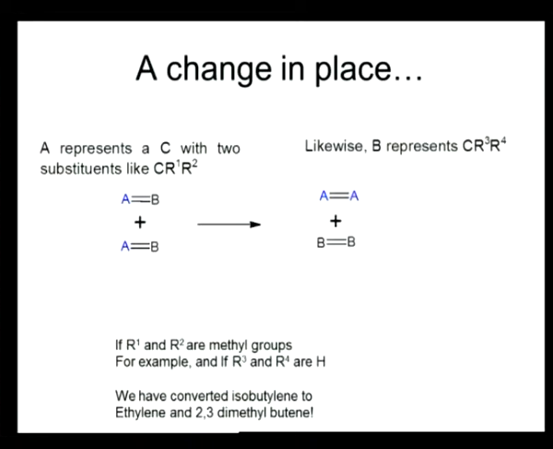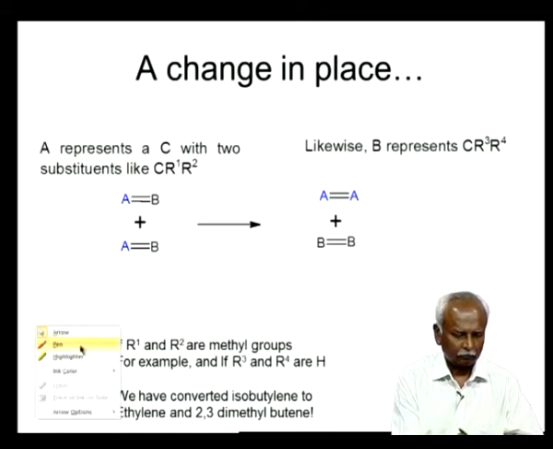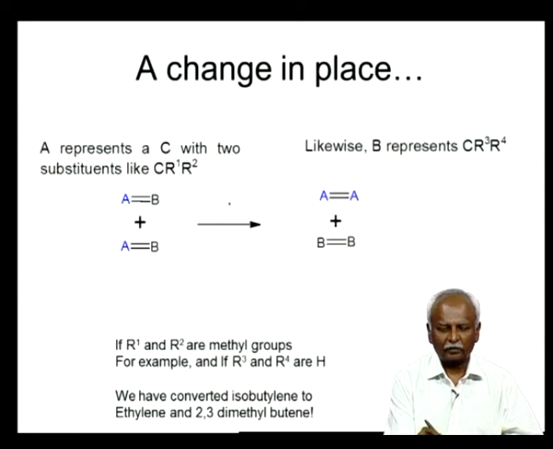So, metathesis purely means a change in place. So, if we represent this schematically an olefin as AB, we take two molecules of AB and react them together in the presence of a metal complex.